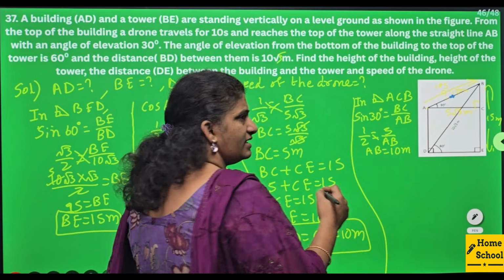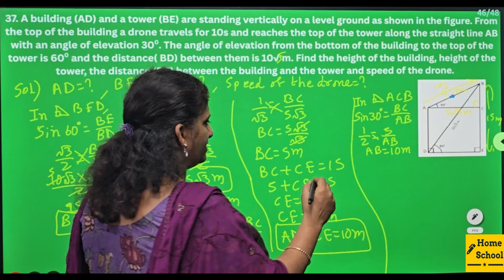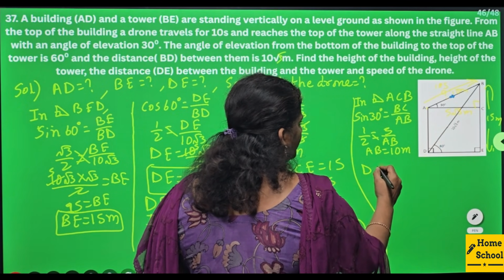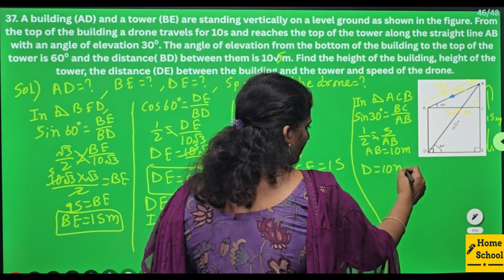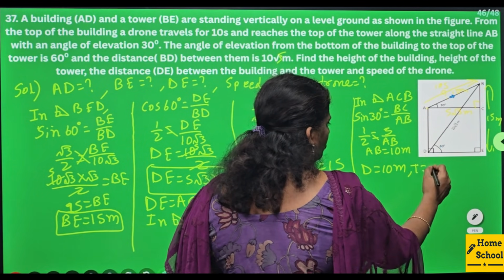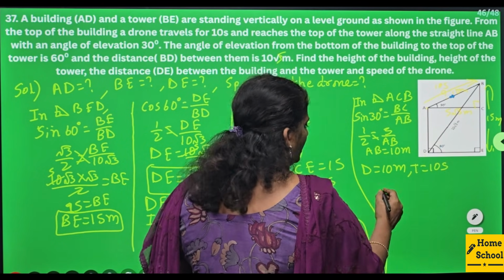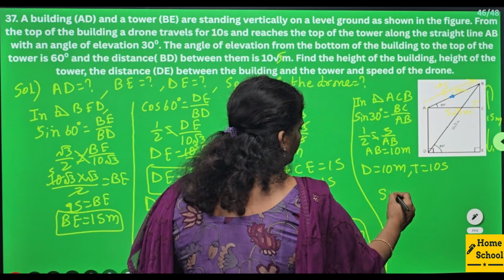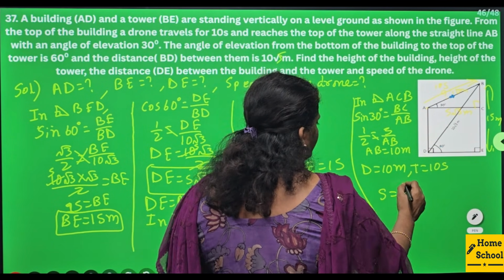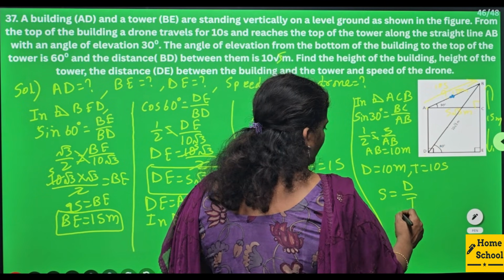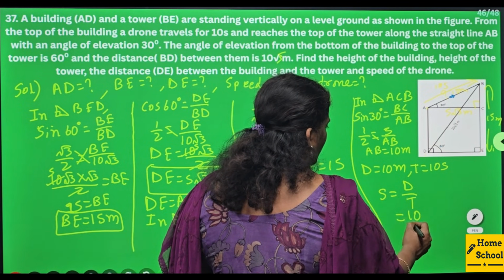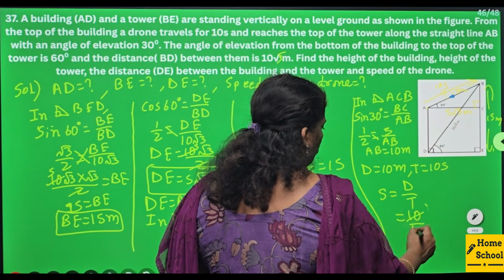How much distance did the drone travel? 10 meters. Here, we got distance is equal to 10 meters and time is equal to 10 seconds. Now, we know the formula in order to find the speed. Speed is equal to distance by time. That is 10 by 10. That is equal to 1.